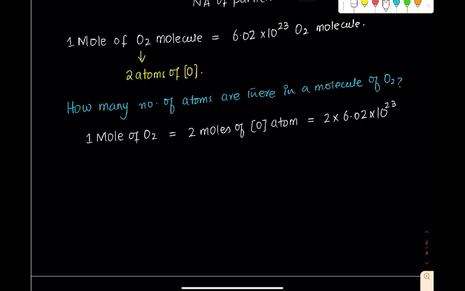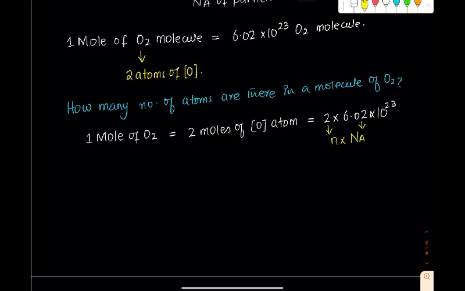So this could give us a relation that whatever the molecule we have, the number of atoms present in there times the Avogadro's number will be the number of atoms present in a molecule of oxygen or in a molecule. Let's say this stands for N and this stands for Avogadro's number.